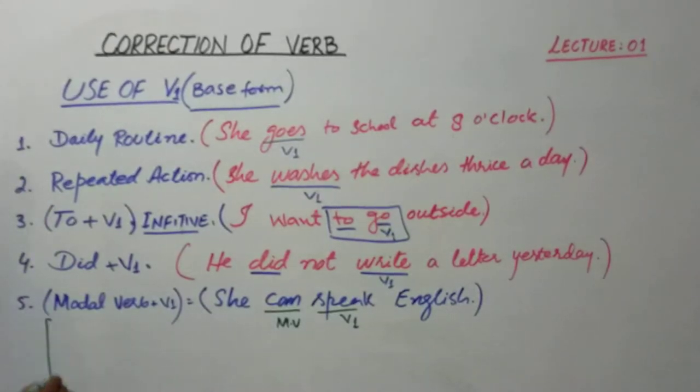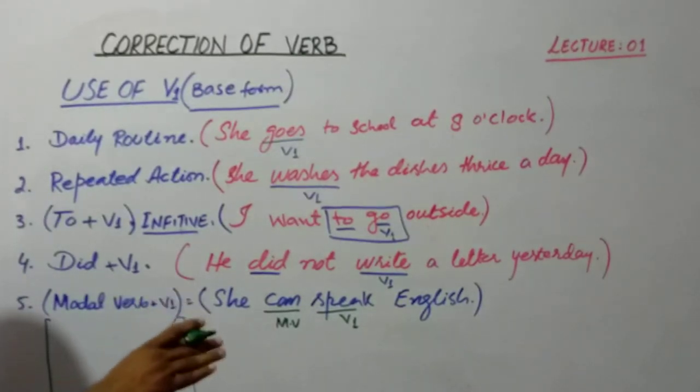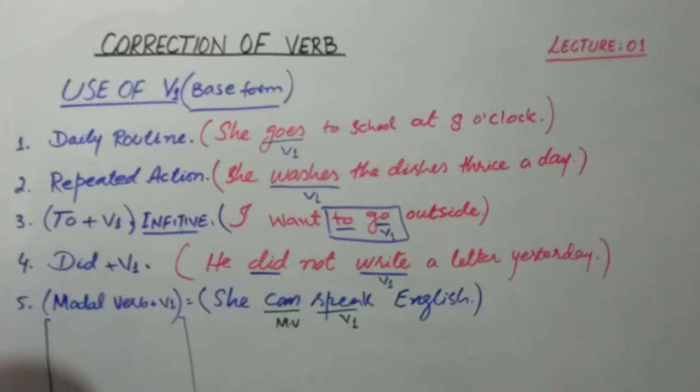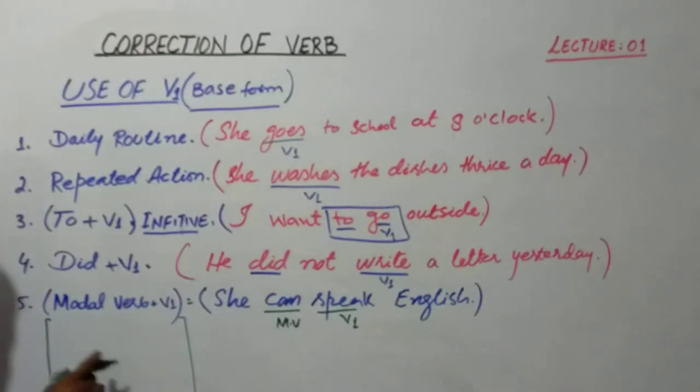What are the modal verbs? I have already mentioned the modal verbs in my previous lectures, in the first lecture in corrections of verb, where you can understand what is modal.